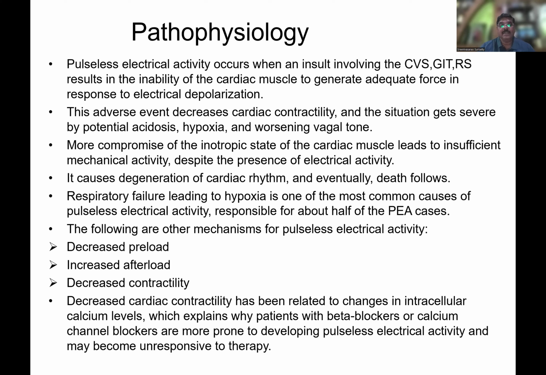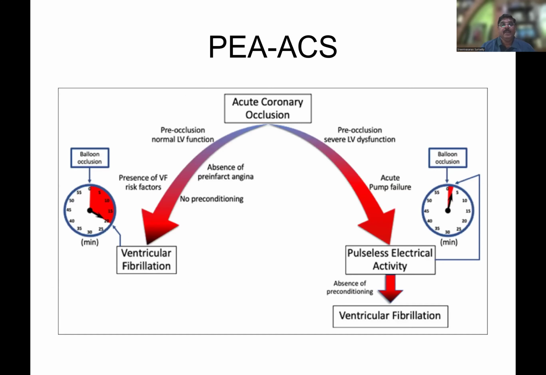Decreased cardiac contractility has been related to changes in intracellular calcium level, which explains why patients on beta blockers or calcium channel blockers are more prone to developing pulseless electrical activity and may become unresponsive to treatment. In acute coronary syndromes, before ventricular fibrillation, severe left ventricular dysfunction causes acute pump failure that goes to pulseless activity, and after that it goes to ventricular fibrillation.